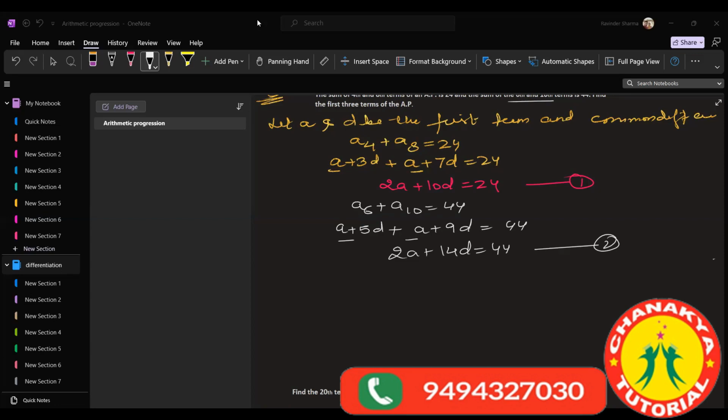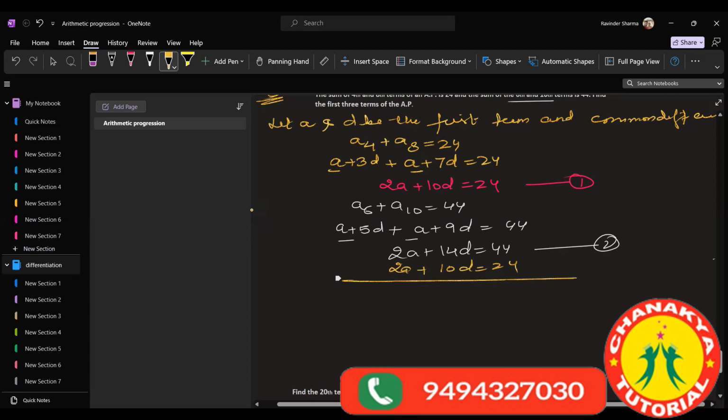Aryan, have you got it? I'm still doing. See, you have these two equations, 2A plus 10D is equal to 24. Now we can subtract them.